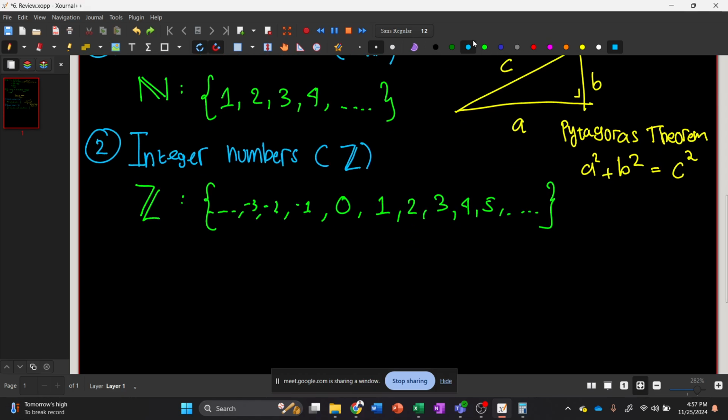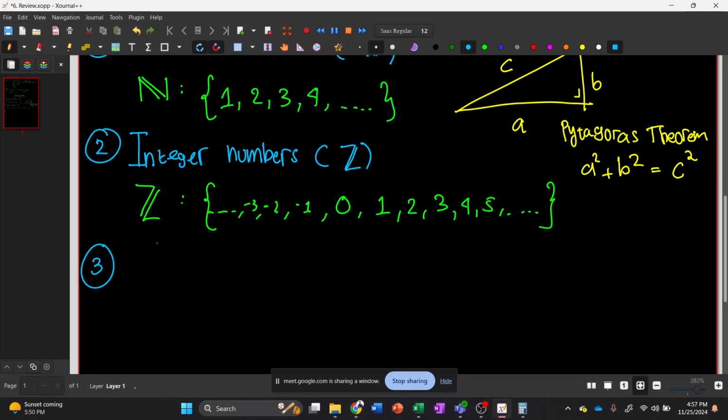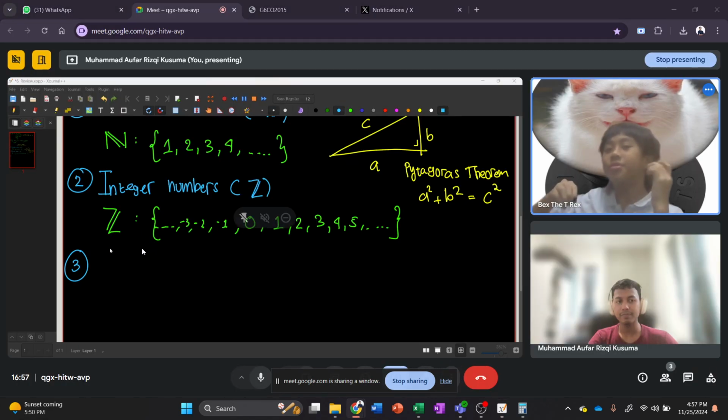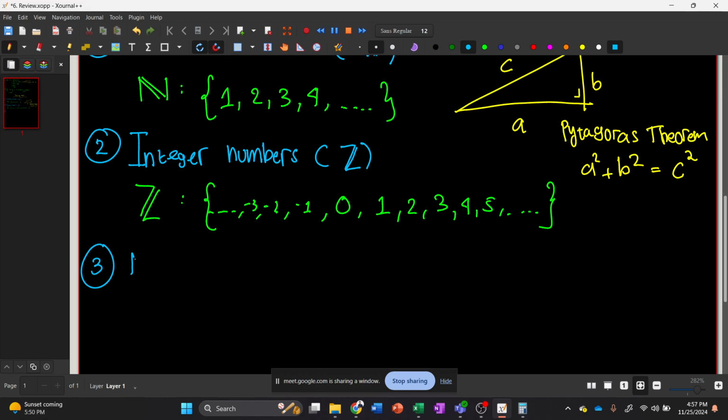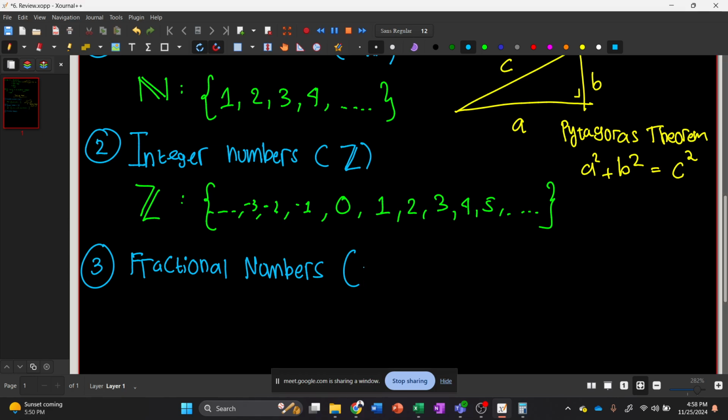Now, after the integer numbers, there's another thing we call fractional numbers.